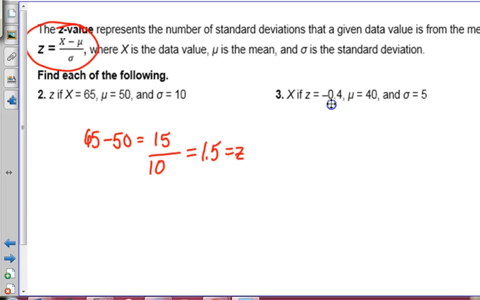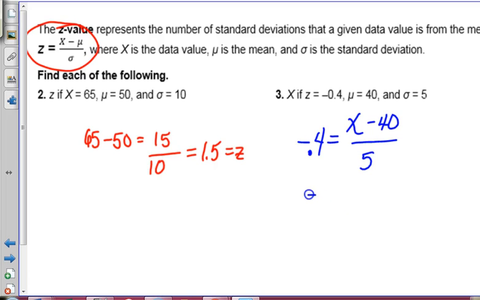This says if a z-score is, so now we're working backwards. Negative 0.4 is, what was the score x when the mean was 40 and they divided it by 5? So somewhere below the mean was a score, right? How would we work that backwards?